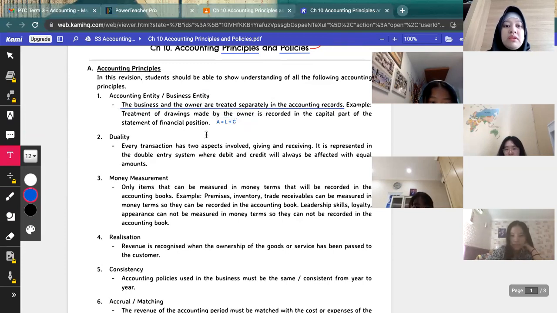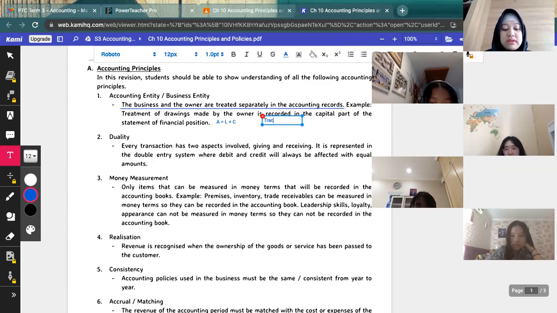Now, transactions in the business, they are different, yeah? They are divided into two, okay? So, transactions will be divided into two. The one is transactions for the business.